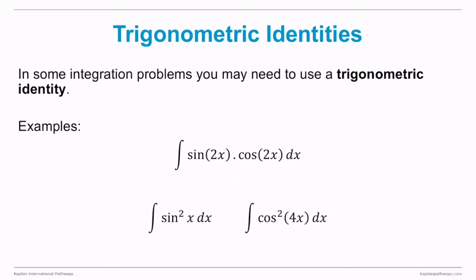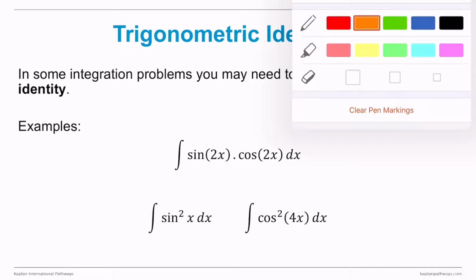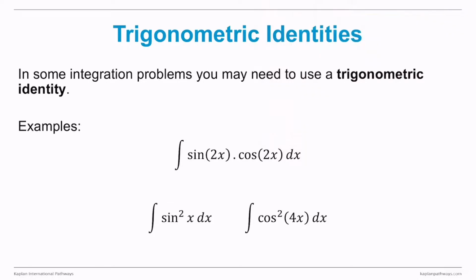So, for example, some integration problems may need you to use the trigonometric identity. For example, the integration of sine 2x cosine 2x dx. As you can see in this integration, we have sine and cosine.